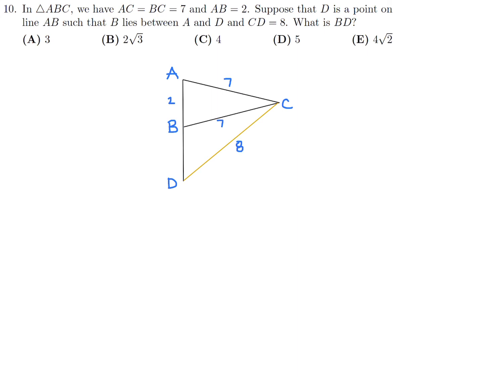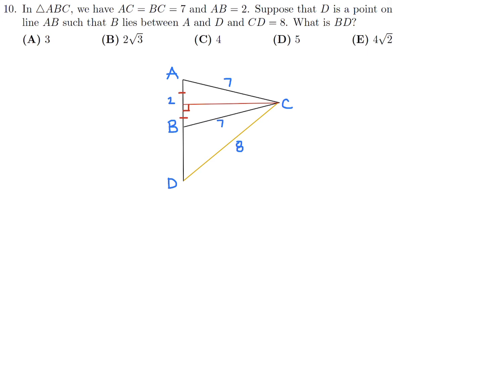Okay. Well, how do we approach this? Well, one thing I noticed immediately is that ABC is isosceles, right? Because both of these are 7. So what I'm going to do is draw a line from C all the way down to AB such that it's perpendicular. And if it is indeed perpendicular and this is isosceles, that means this and this will be the same.